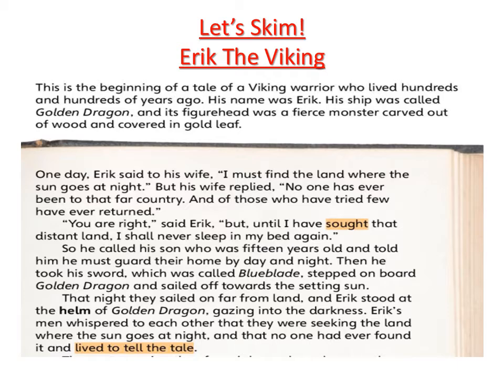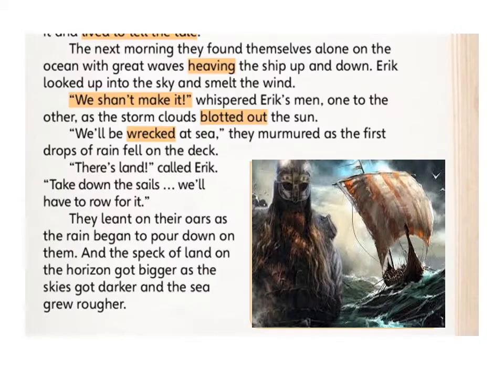When and where did it happen? Third, skim the text for the characters. How many characters are there and who are the main characters? Fourth, search for the unfamiliar words. This is just the completion of the text, so you can pause here to complete your skimming.